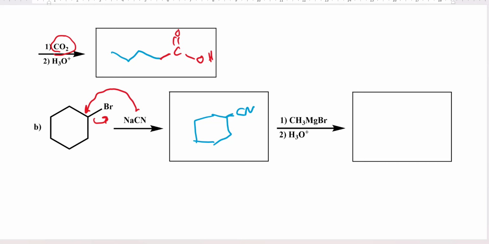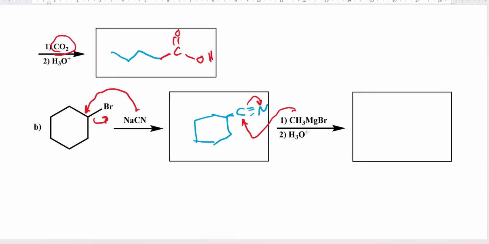Then in the next step, we are going to have addition of Grignard to the nitrile. We know when we have addition of Grignard to a nitrile, if I show the nitrile as a triple bond, then CH3 negative attacks this carbon and pushes electrons to the nitrogen.